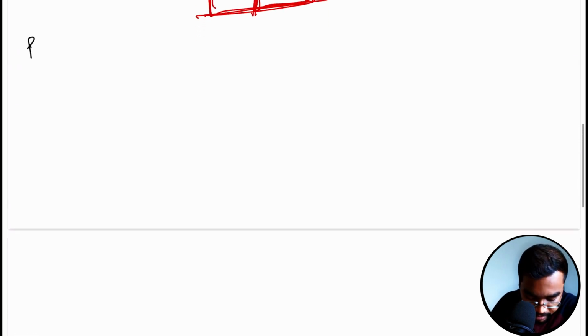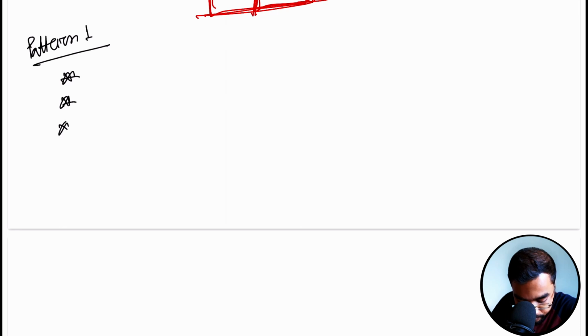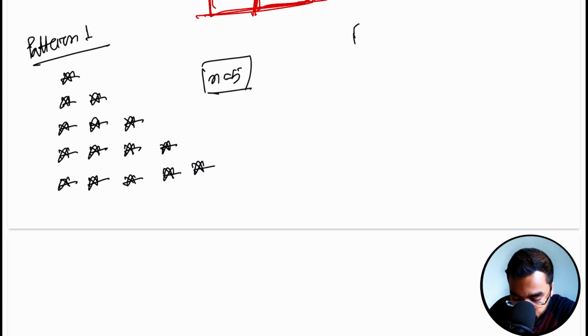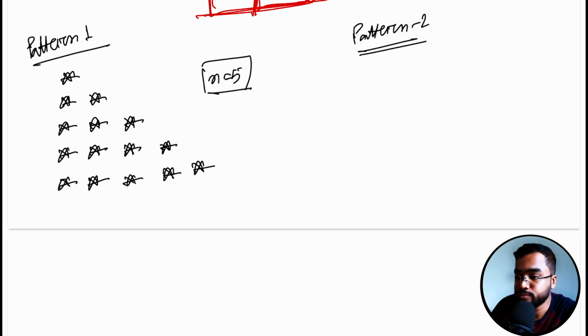Pattern 1 is like this. If I take n equal to 5, this is pattern 1. Another one is pattern 2.